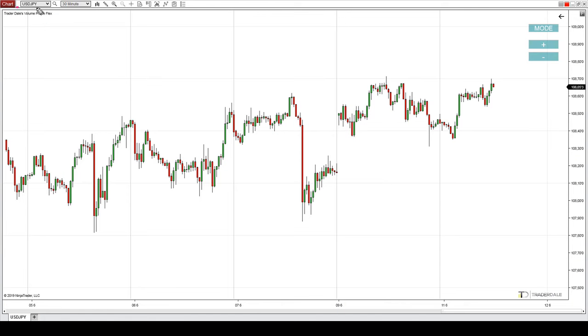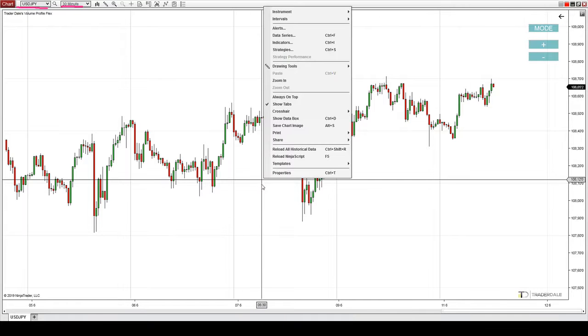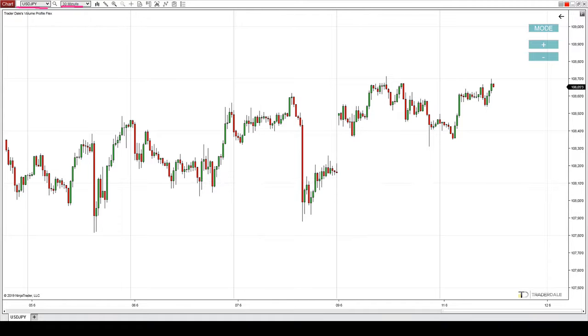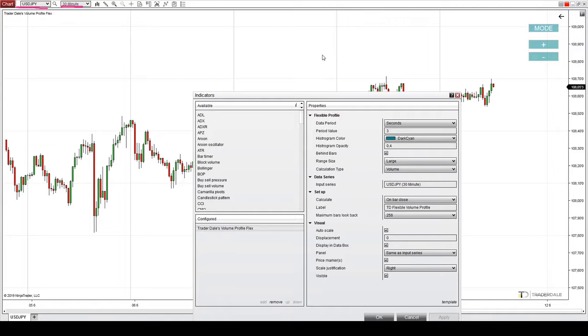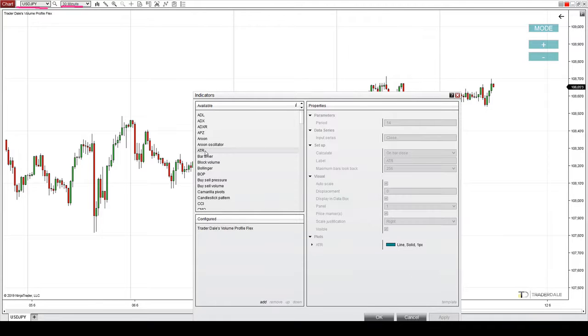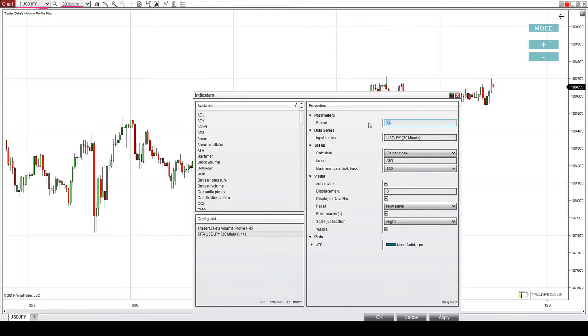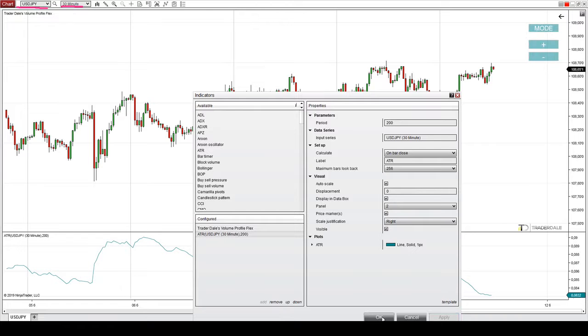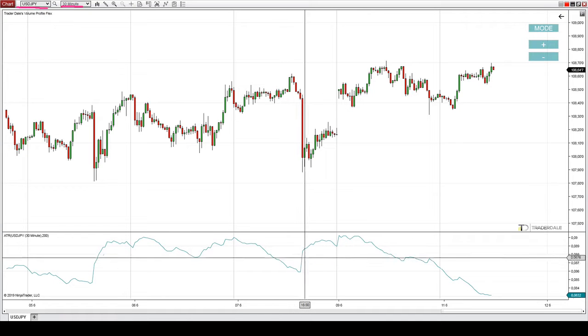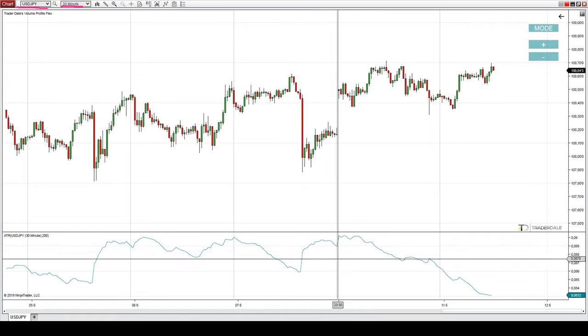So this is the US dollar Japanese yen chart. It's a 30-minute time frame, and now right click the chart, go to indicators and search for ATR, which is in here, double click it, and set the period to a higher number, let's say 200. All right, apply it, and in here you can see the average volatility.